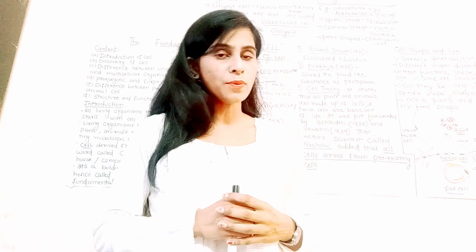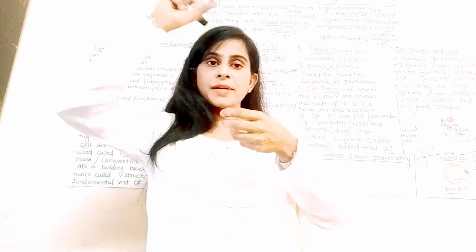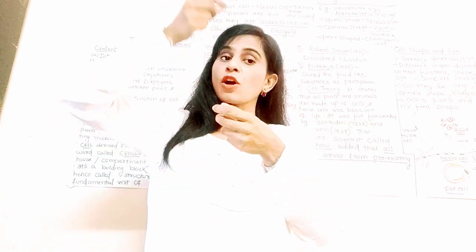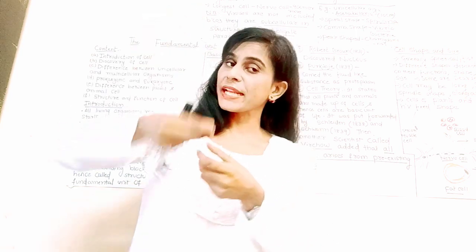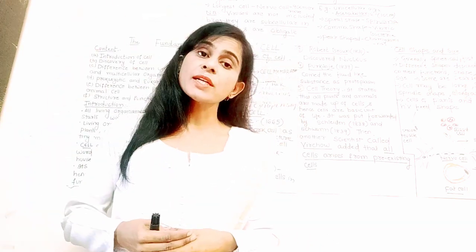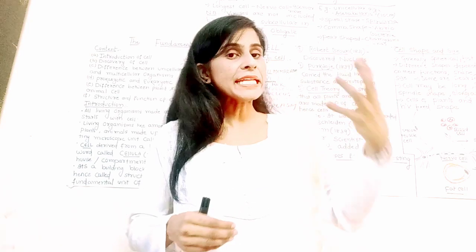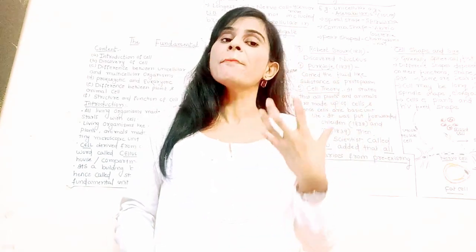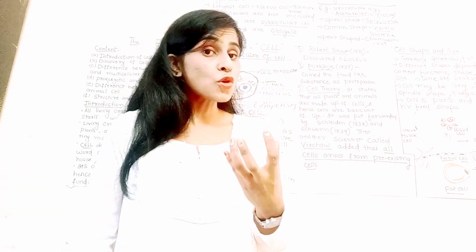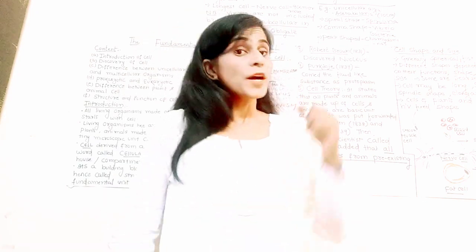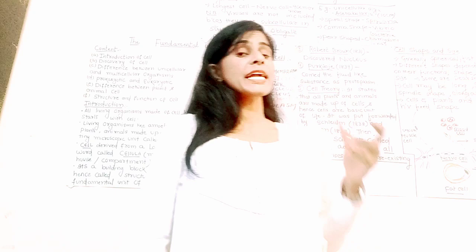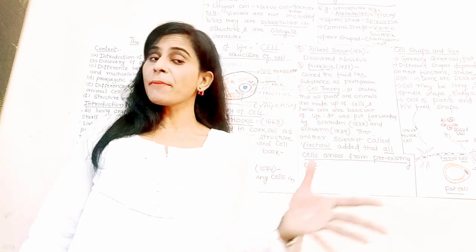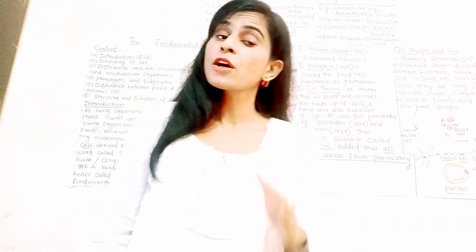Cork, you know, in a bottle, the lid-type structure is called cork, and that cork is made up of the bark of the tree, guys. So he took that cork and observed it under a microscope. Self-made microscope; Robert Hooke himself designed that microscope, and under it he observed the cork cell.